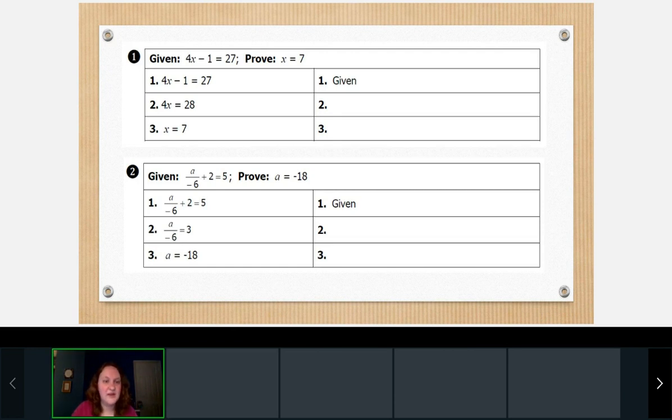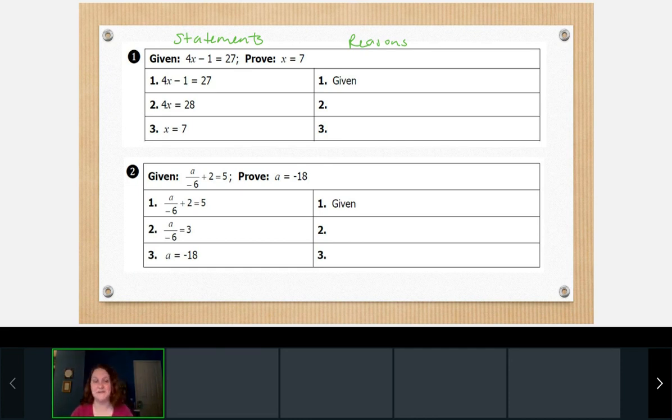So let's write a proof. Now, it doesn't say it here, but sometimes on your proofs the columns will actually be labeled statements and reasons. The way you start a proof is you always have to start with what is given. You can't answer a question if you don't know what the question is, right?